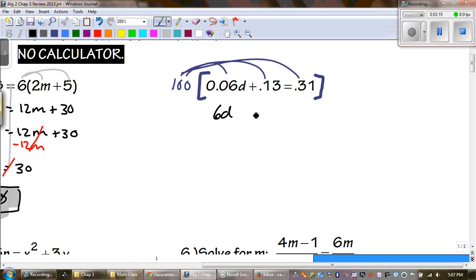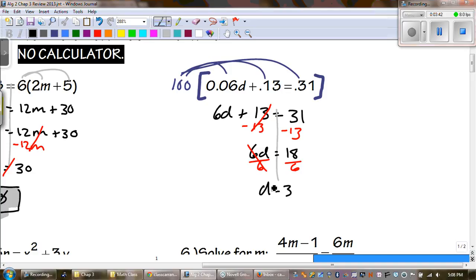So we get 6d plus 13 equals 31. And guys, from here, this should be extremely easy for you to solve. You need to subtract 13 from both sides, and you're left with 6d equals 18. To get the d by itself, we divide by 6, and then we're left with d equals 3.